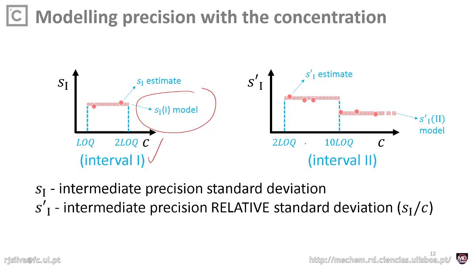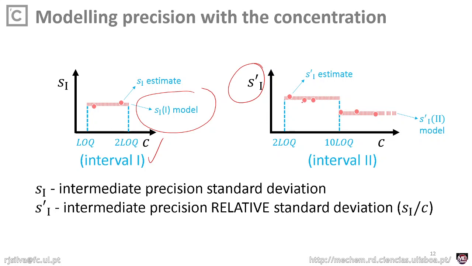In that case we just need to pool all the relative standard deviations of the intermediate precision that you have from different sample analyses. We can pool them and build a worst case model of how this relative standard deviation varies above 2LOQ. So you just need to pool all the available information.